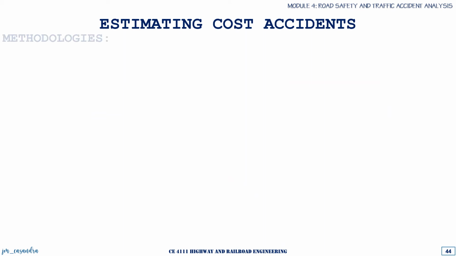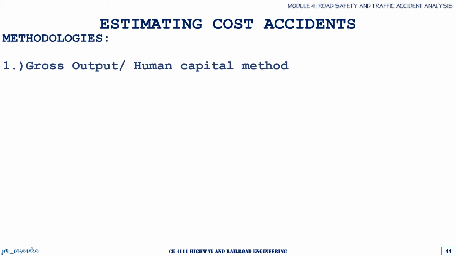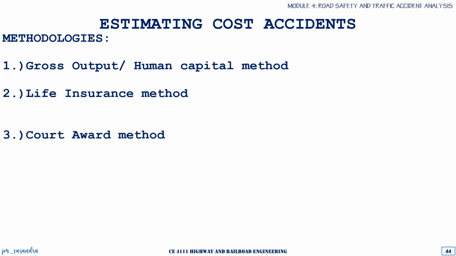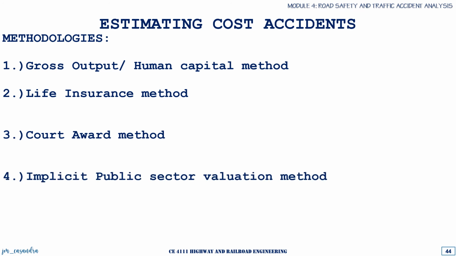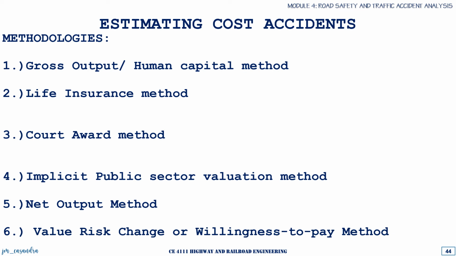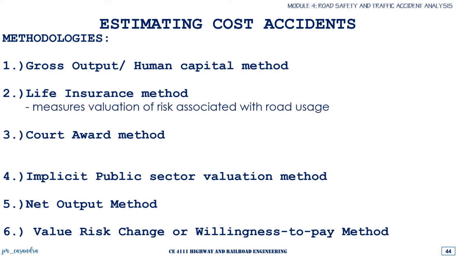In estimating cost of accidents, we have different methodologies. We have the gross output or the human capital method, the life insurance method, court award method, the implicit public sector valuation, net output method, and the value of risk change or willingness to pay method. For life insurance method, this measures the valuation of the risk associated with road usage.